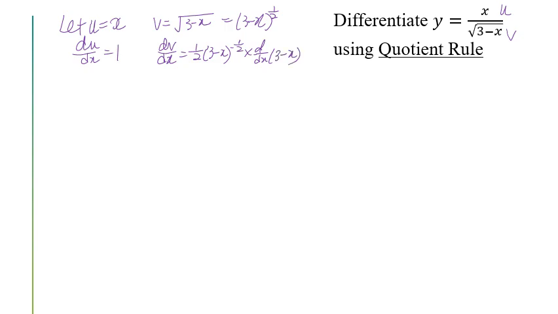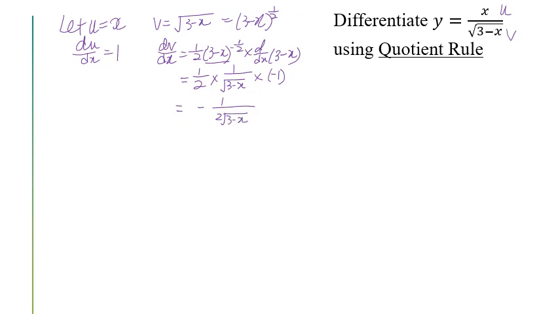So this will be half times, change this guy to 1 over square root of 3 minus x, times differentiate 3, you get 0, differentiate negative x, you get negative 1. So that will give me negative 1 over 2 square root of 3 minus x.